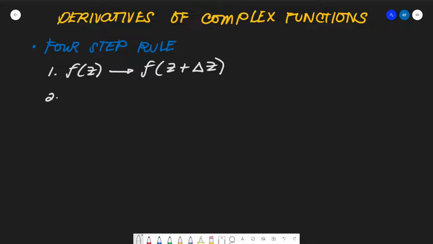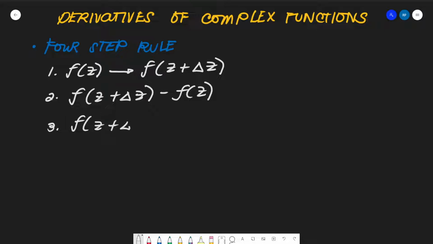Next, step 2. After we substitute z with z plus delta z, we subtract the original function. Then after that, we divide by delta z: f of z plus delta z minus f of z, over delta z.